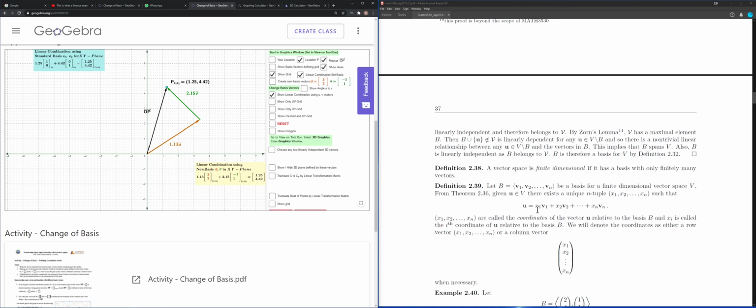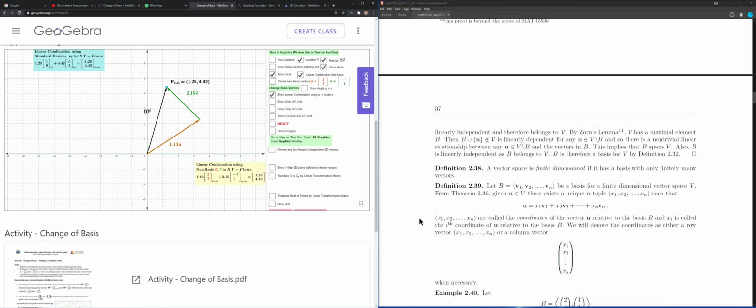What you want to do is keep track of the scalars in front of the basis vectors alone. Those scalars are called coordinates of this vector u with respect to, or relative to, your basis vectors b.